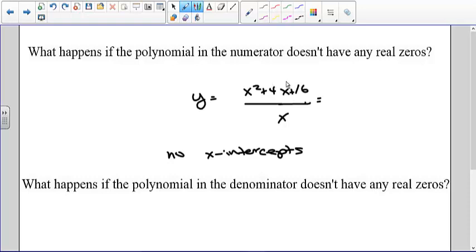So if you can't factor this, now how do we know we can't factor it? Well, one way is if you use completing the square. So what you want to do is set that equal to 0, just rewrite that. And if you take x squared plus 4x and take this 4, divide by 2, square it, you get plus 4.